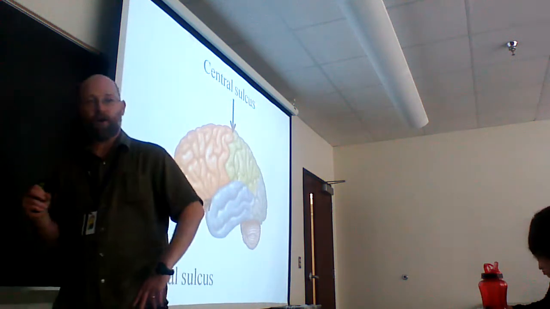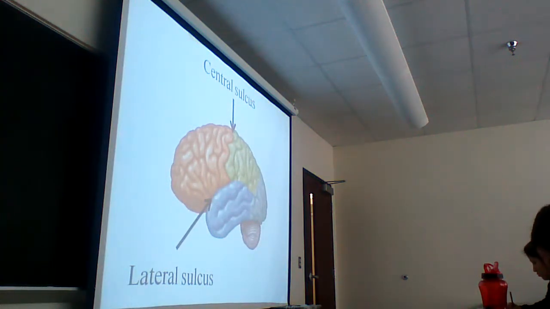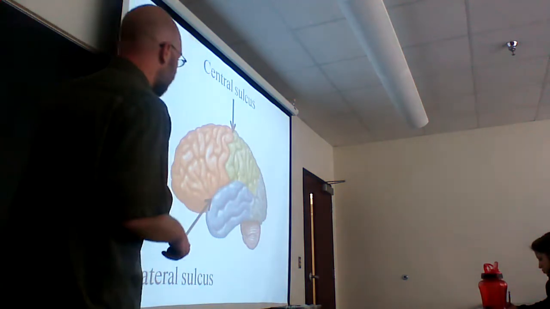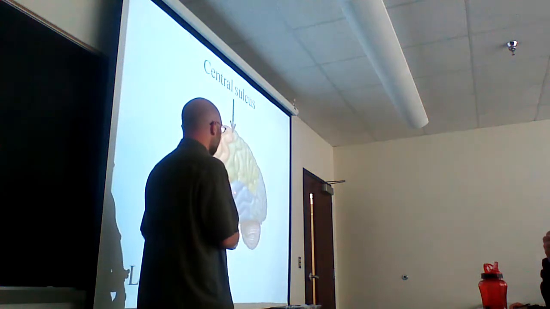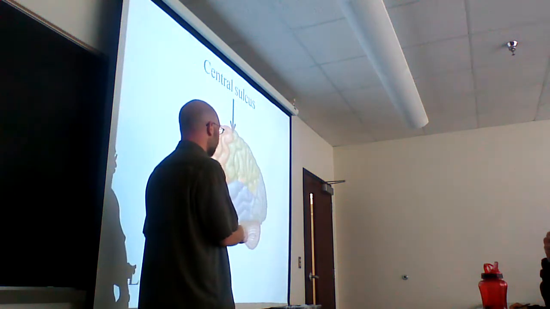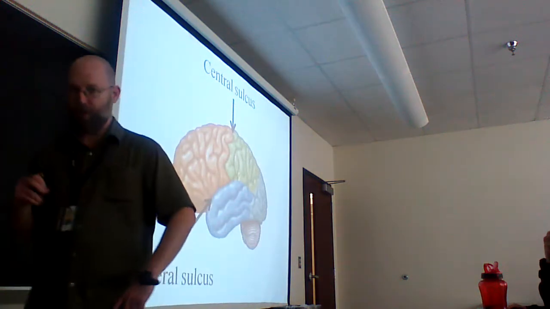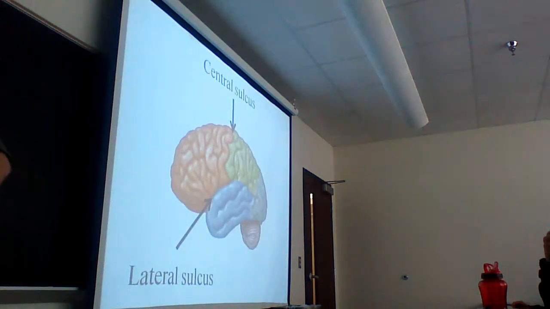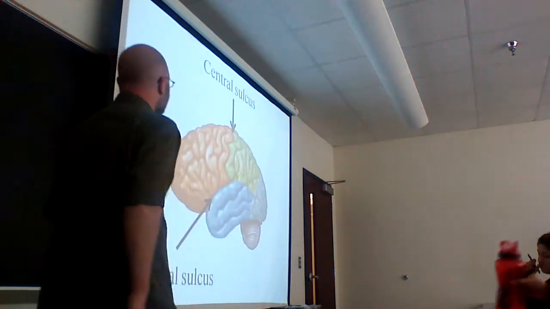Some of the other divisions between the lobes are just not as clearly defined anatomically. There's not a good separation between the temporal and the parietal, or between the occipital and some of the other ones. So it has more to do with relatively arbitrary assessments, and sometimes it gets tied into functional regions as well. So the two sulci we're going to have to do is this one here and this one here.